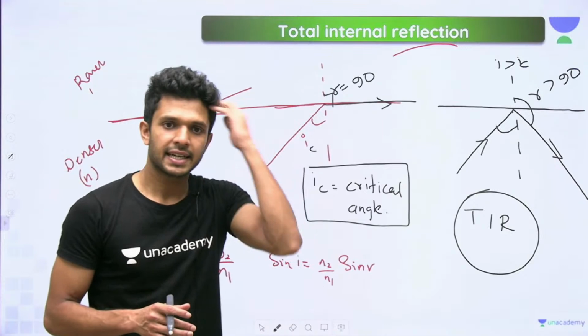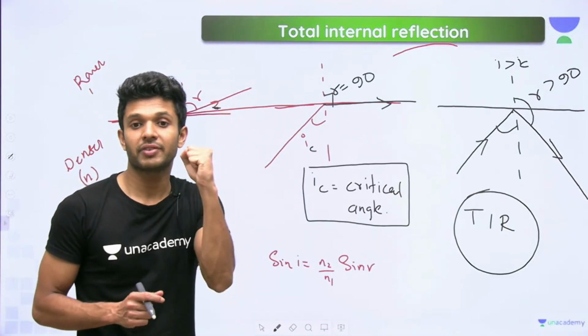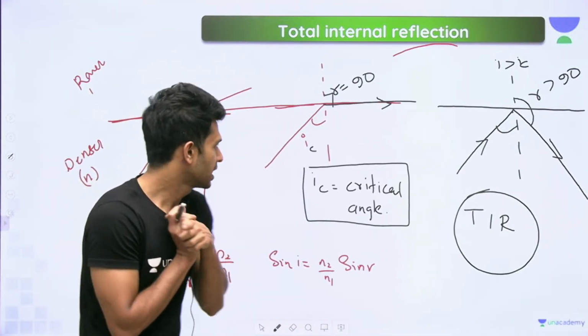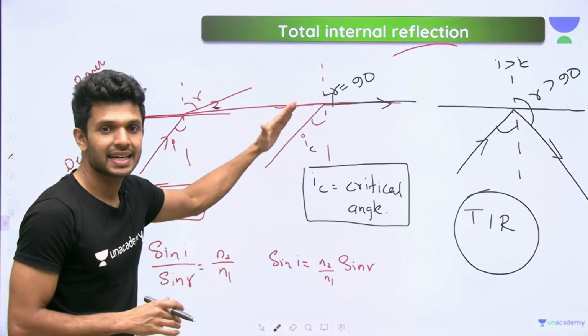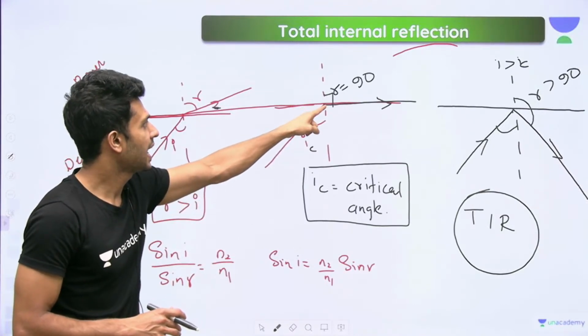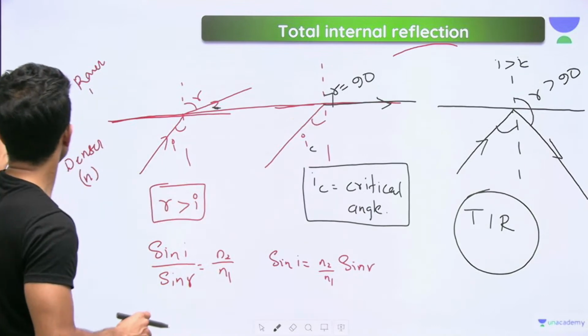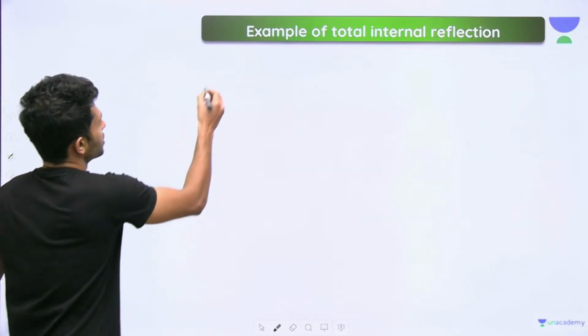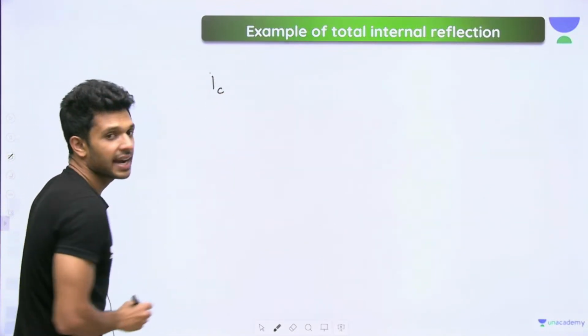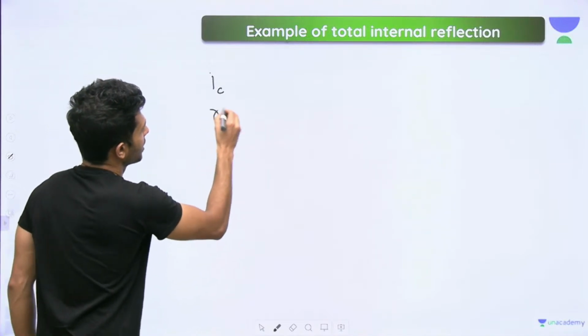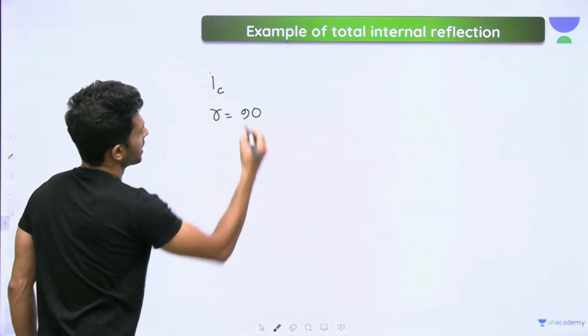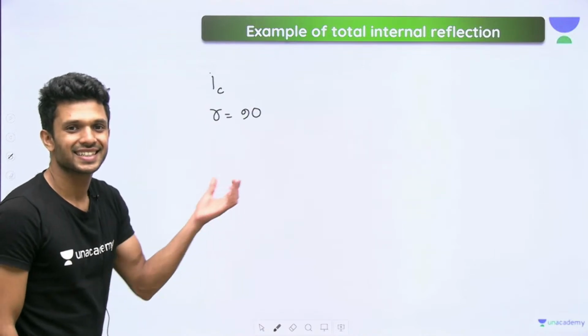Now, is there any method by which we can find the critical angle? So, what was the critical angle? It is the angle of incidence for which the angle of refraction is equal to 90 degrees.